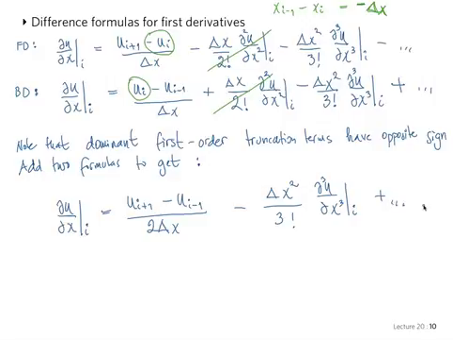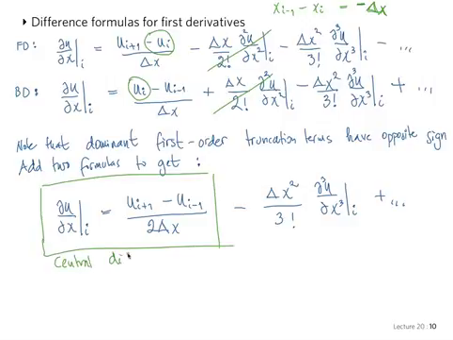And we can see now, this is squared, that what we obtain here is the central difference formula. This is the central difference formula. And this is what we're going to neglect in the formula.